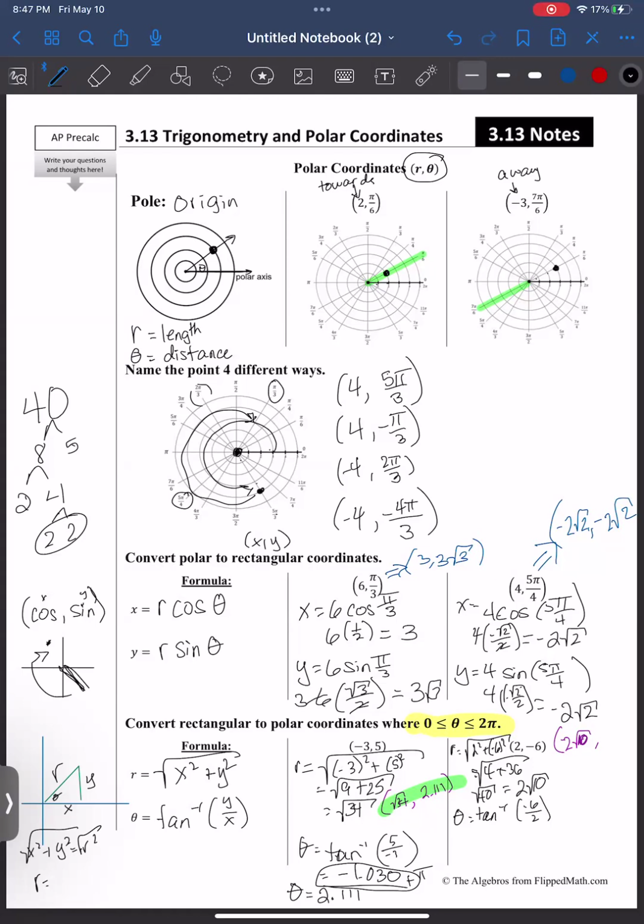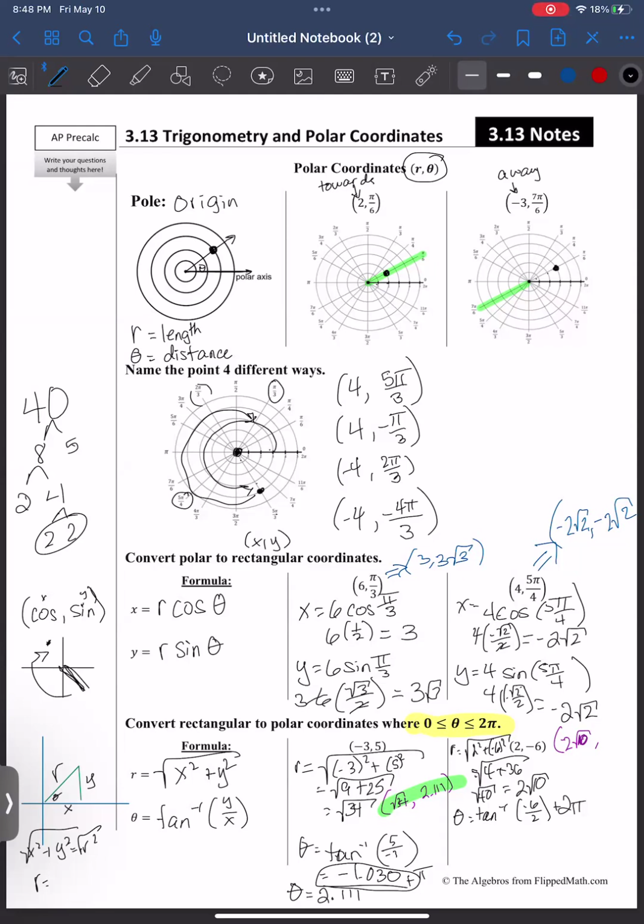And when I plug that into my calculator, I'm going to get a value that's not going to be within my domain. So I'm going to have to do a plus 2 pi. Let me see if I can get that value to you. I'm just doing this in my calculator, so one moment.